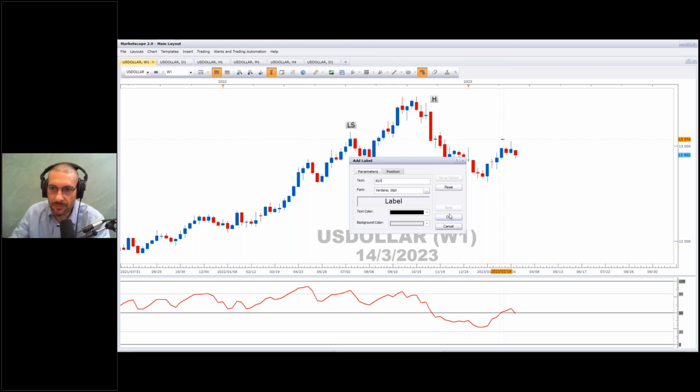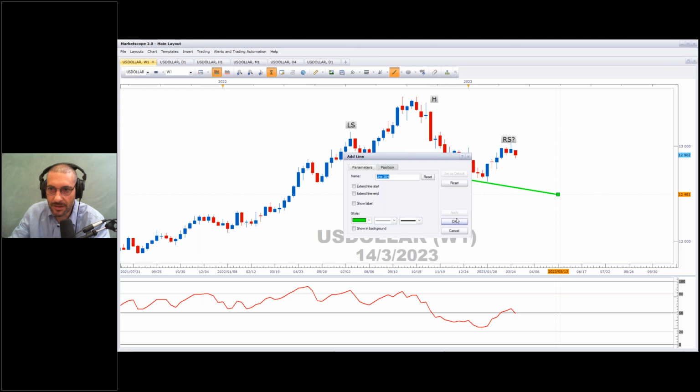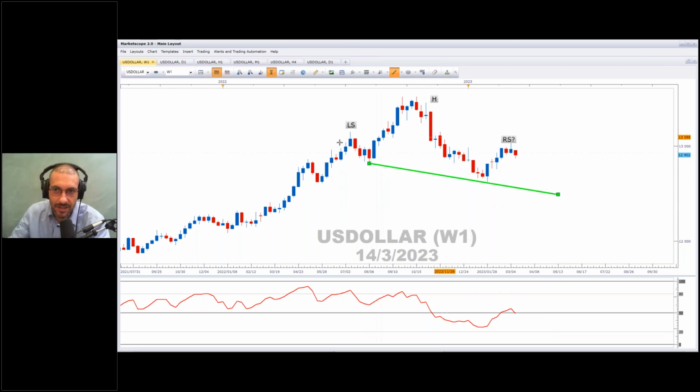So I don't know if we're getting a right shoulder here, but it looks very interesting. And we'll just have to see if it reaches the neckline here, and if it crosses below, then we've got a serious topping pattern over here. And this is just something I saw the other day, and it's very, very interesting.